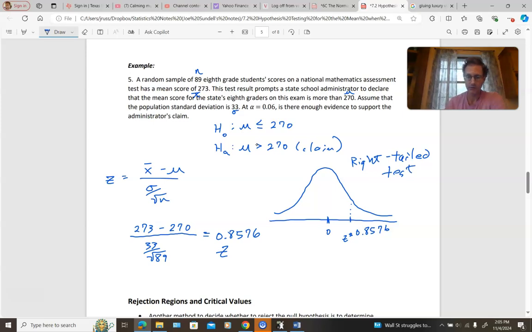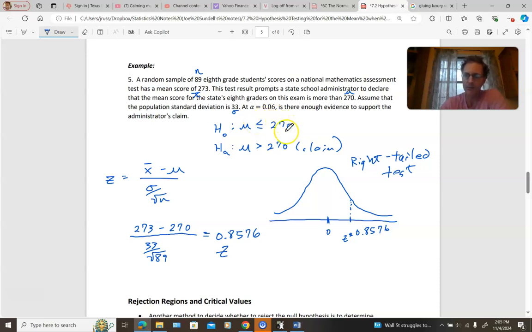In other words, we're trying to see if this test statistic is far enough away from this hypothesized mean that we could reject the hypothesis. Now, rejecting the hypothesis would actually favor the superintendent's claim. Because, see, look what we're hypothesizing, guys. We're hypothesizing that the true mean is either 270 or less.